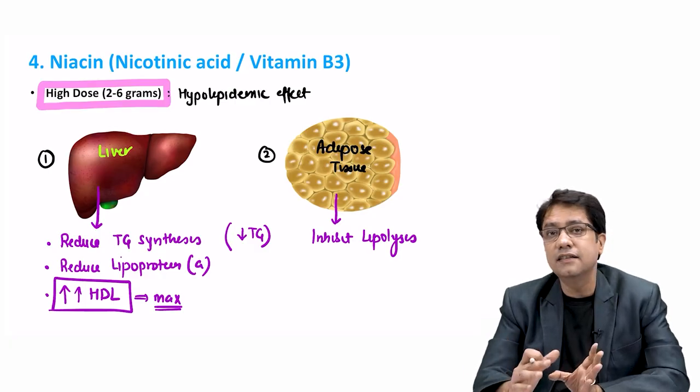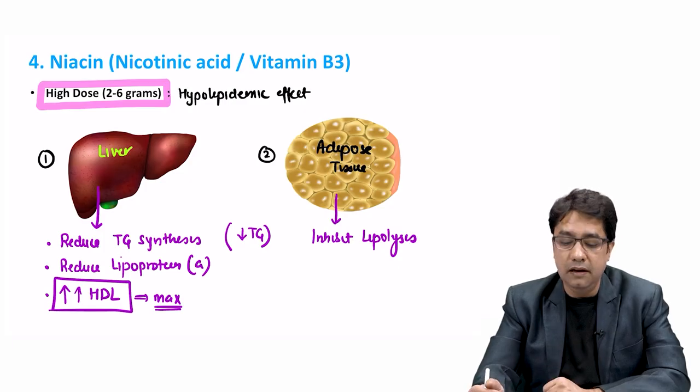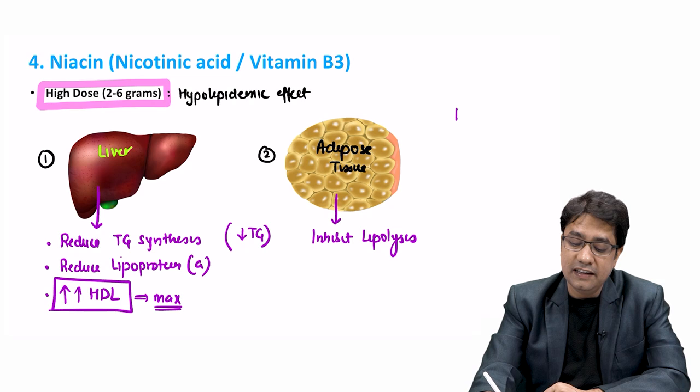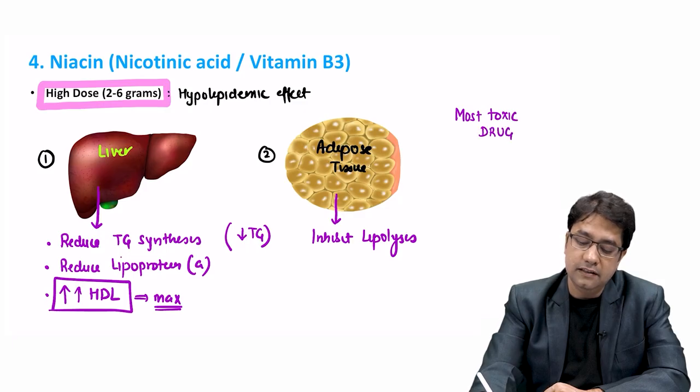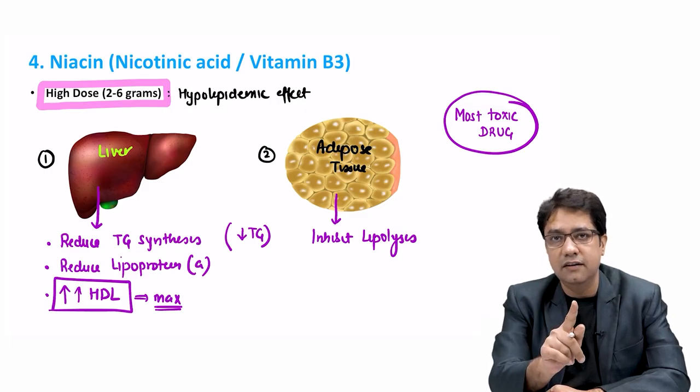So if niacin has such a good effect, why don't we use niacin very commonly? Because in such a high dose, niacin is the most toxic drug among all hypolipidemic drugs. So it is never used as a first line drug.